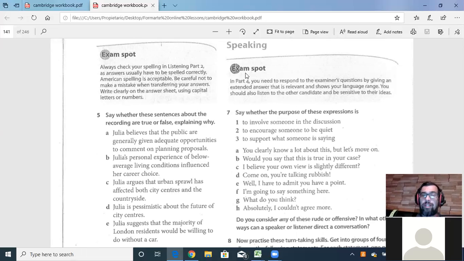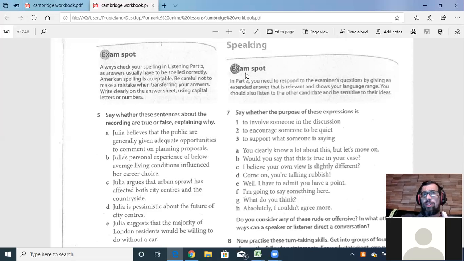Remember that, Jose? I don't know if you remember part three. It's the one where they give us a chart, and depending on that, we need to talk about the different options, and we need to choose the best two or the least two. Remember that? Okay, so after that, there's part four. Part four is always about the same topic as part three.